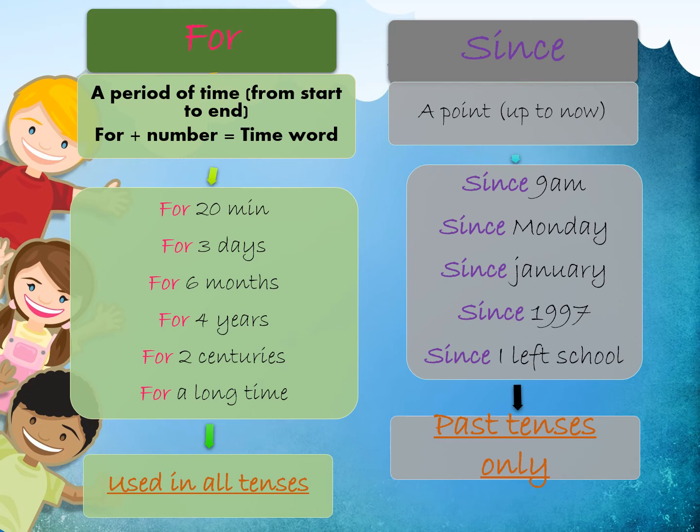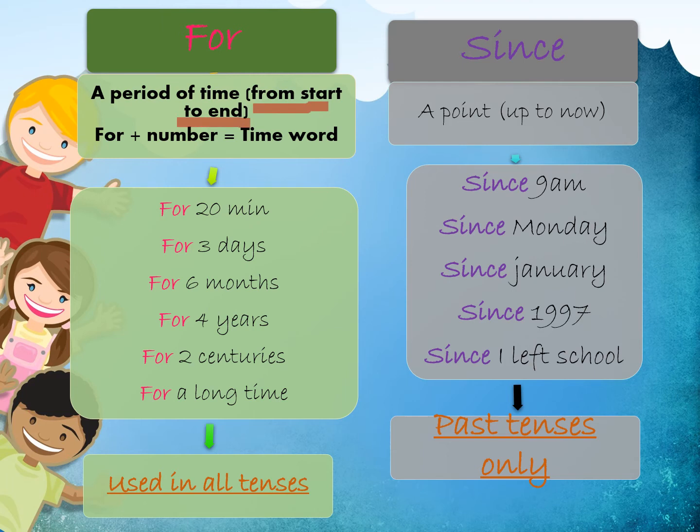So let's compare the two of them, for and since. For is a period of time from start to end. And then we have for plus a number or time word. For example, for 20 minutes, again from start to end.